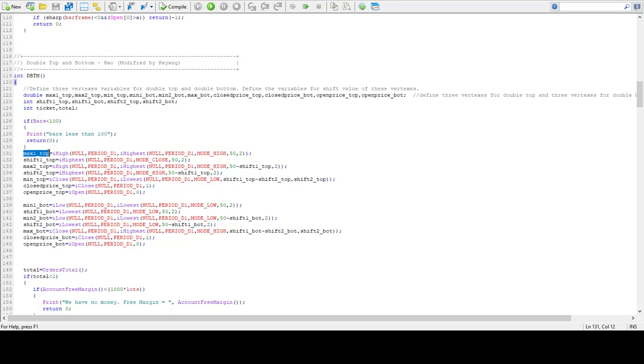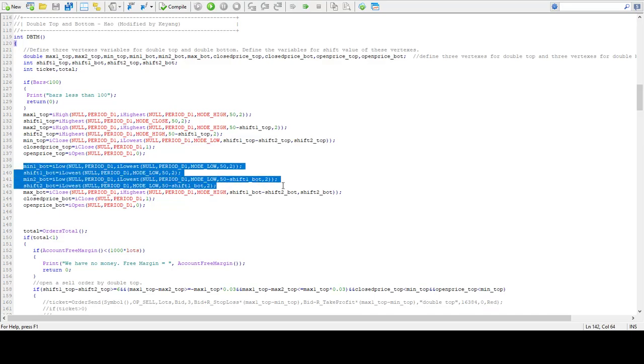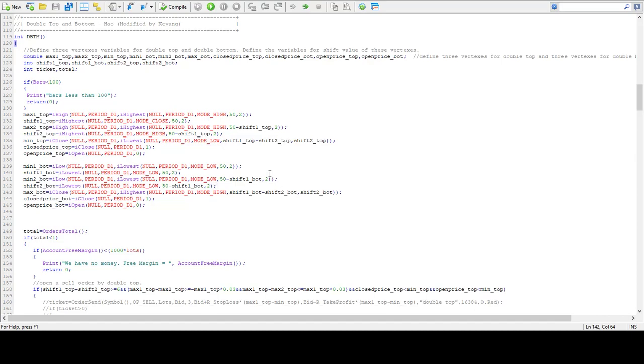And here it's looking for the initial top, the second top. Here's the shift for each of the tops. And here's the minimum, where there needs to be a certain minimum below those tops for it to still apply as a double top pattern. Then it grabs the closed and open price and it calculates a bit further up afterwards. This section does the same as above, but on the negative side.